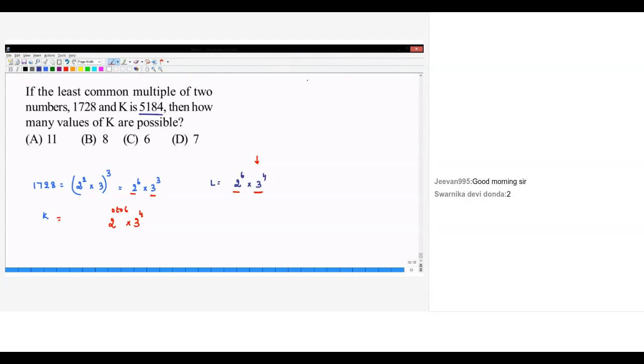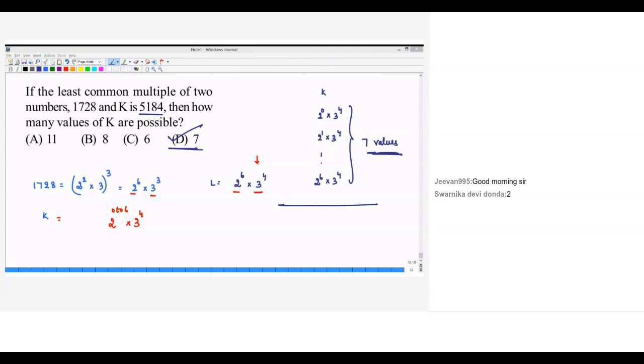The value of K can be 2 power 0 into 3 power 4, 2 power 1 into 3 power 4, and so on up to 2 power 6 into 3 power 4. How many values are possible for K? 7 values are possible for K. So the answer is 7 values.